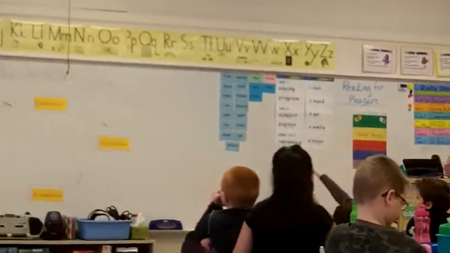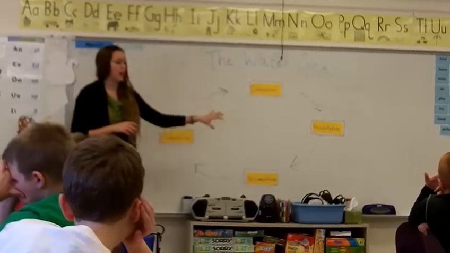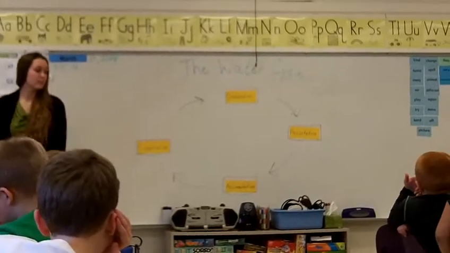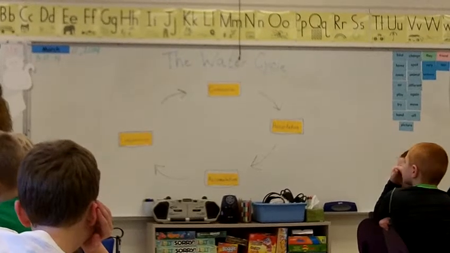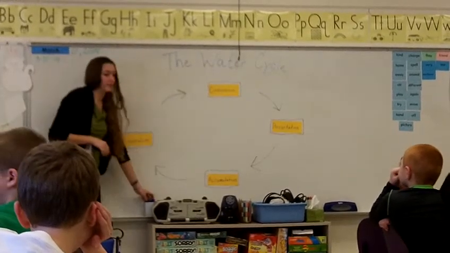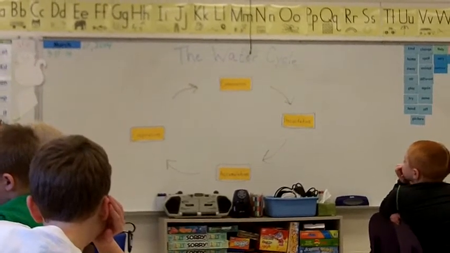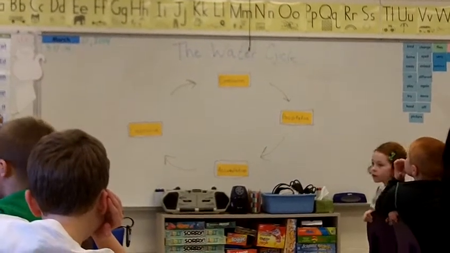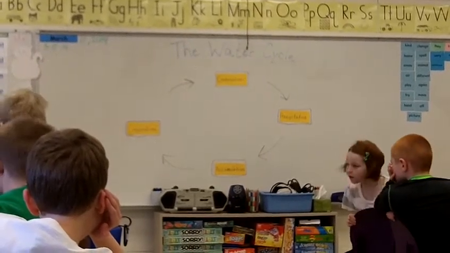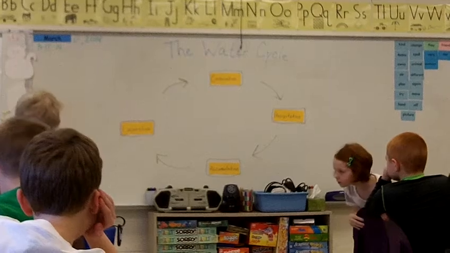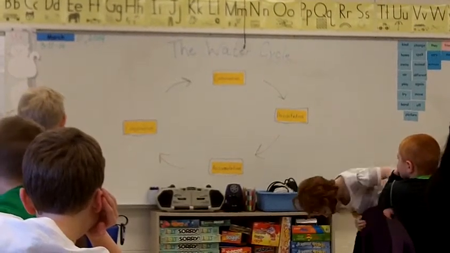Now, I need 4 more people, Brandon, because they are going to come up and draw a picture for each stage. With the markers, you don't have to color because you got the colors in the marker. Ava just left, so you can choose someone new. Sam, you can go up there and choose.